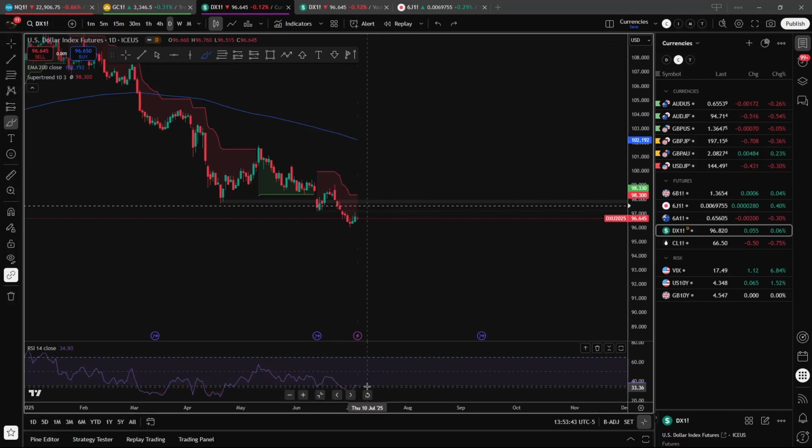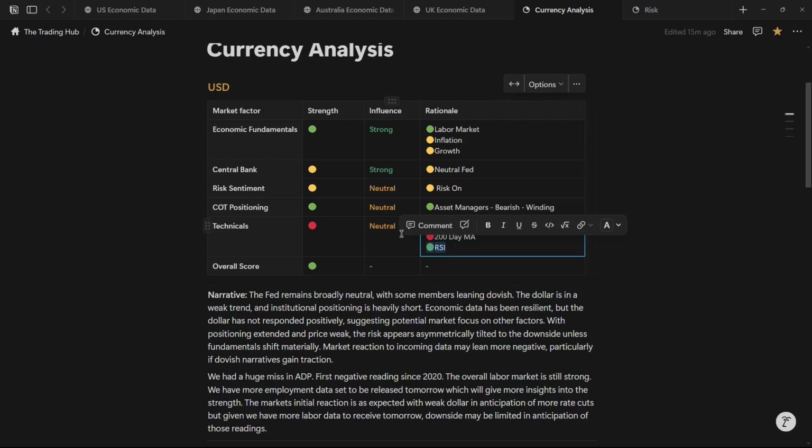Whenever we're oversold on the RSI, this is usually a sign that the dollar may actually correct a bit. So this is why it has a single bullish reading on RSI right here. When you aggregate it, 2 bearish plus 1 bullish gives you 1 bearish. So this is why this has a single bearish reading right here, and that's how I judge technicals.